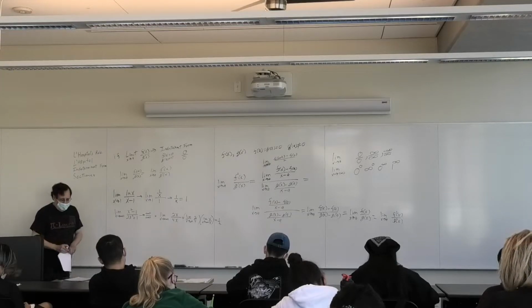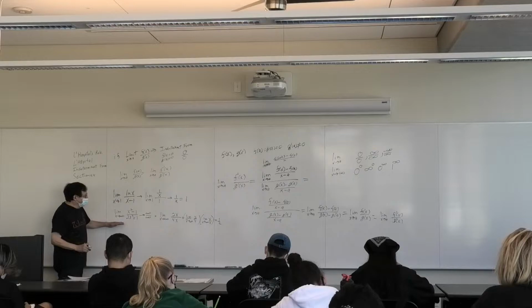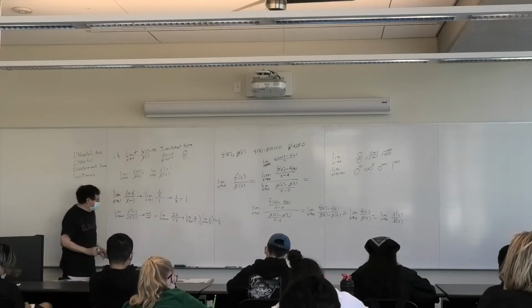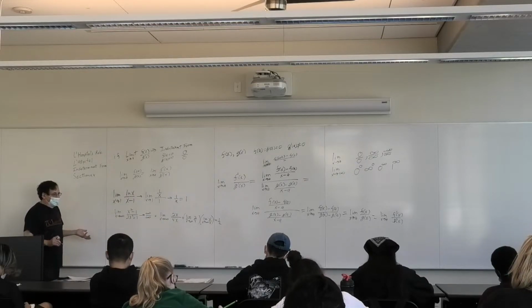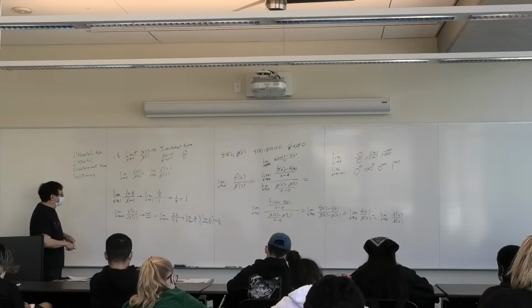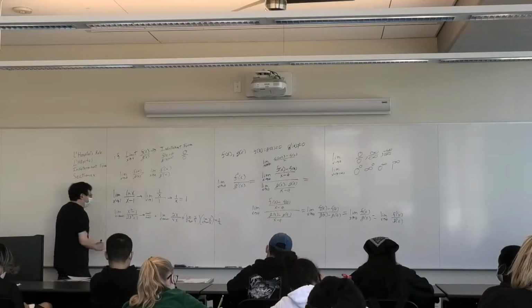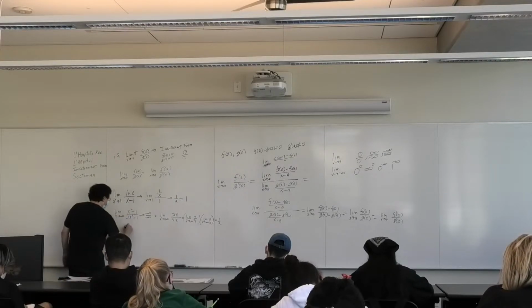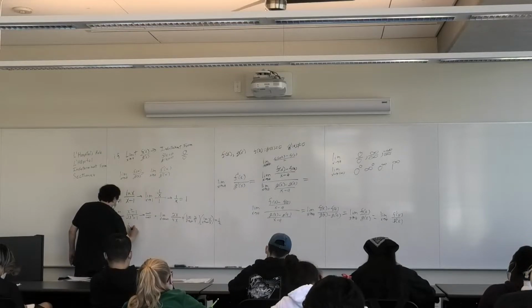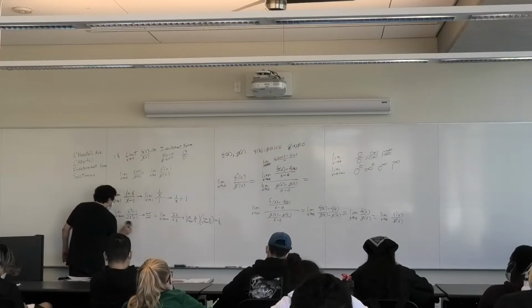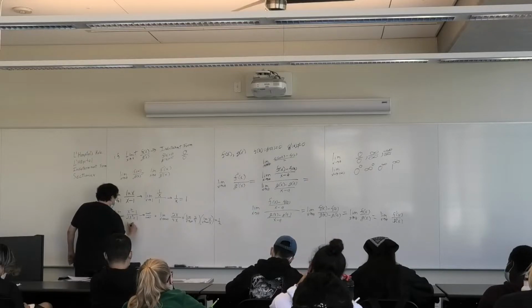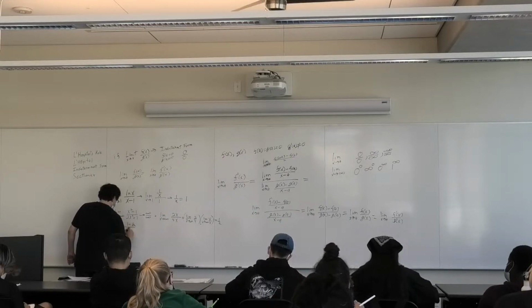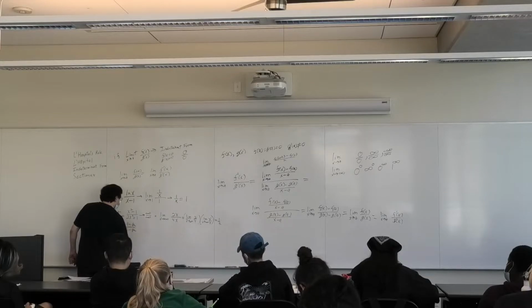It might be worth noting that this is not necessarily the best way to solve this. There's an alternative. You could take this original expression, divide the top and bottom by x squared, and you get 1 minus 1 over x squared over 2 plus 1 over x squared.